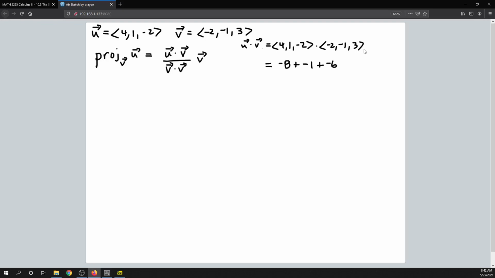That comes out to be -15. And then v dot v is -2, -1, 3 dotted with -2, -1, 3. So that's going to be 4 plus 1 plus 9, which is 14.